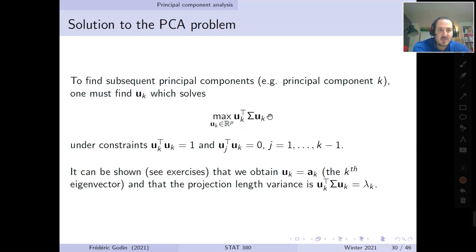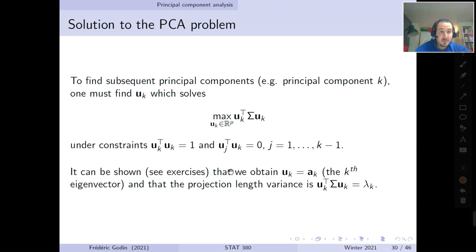We've shown this was the objective function to maximize at the kth step, under the constraint that uk has unit norm, so uk transpose uk is equal to 1, and such that uk, the vector we're finding, has to be orthogonal to uj for all previous j, so for all previous vectors in our basis.